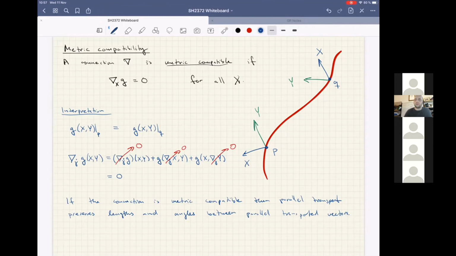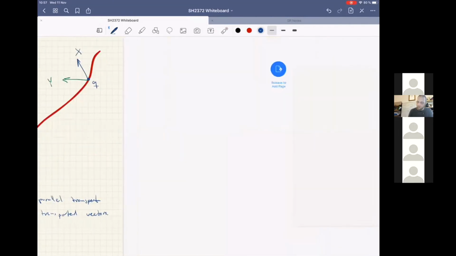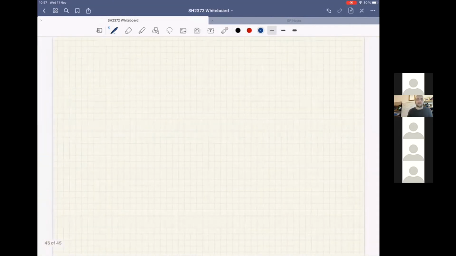Okay, so we have a couple of minutes left, so I want to just briefly discuss the next subject. That's the so-called Levi-Civita connection. And as I said, Levi-Civita was one person, not several persons. It's just that it's a double surname.